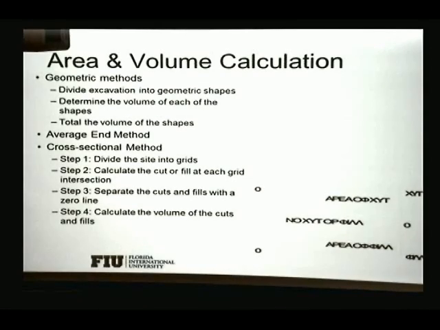There are different ways to estimate the volume to be excavated. Some of those are geometric, so you figure out the geometric shape of the areas that you need to excavate. Other ones are average. Probably the easiest one is the average method, where you estimate the area on the footing, estimate the area on the top, and do an average to figure out how much earth you're removing.